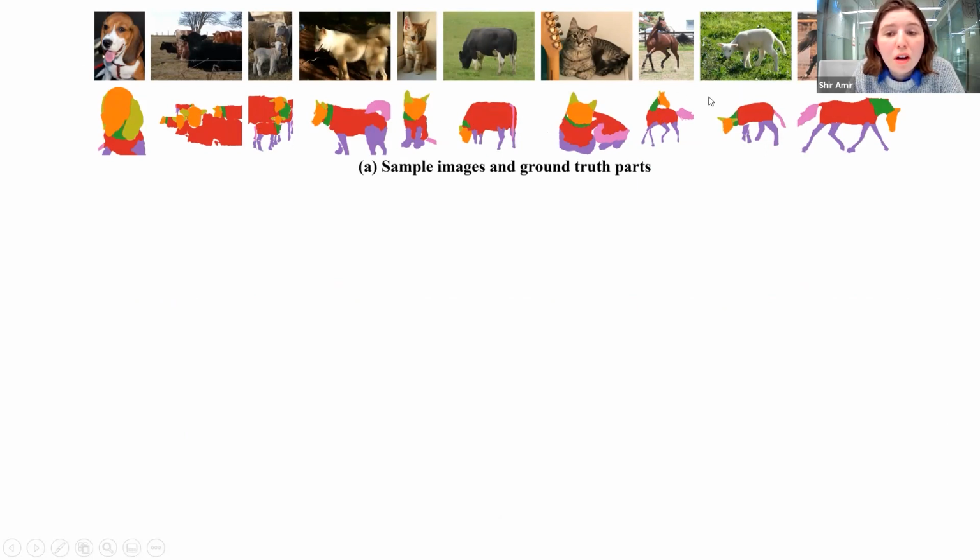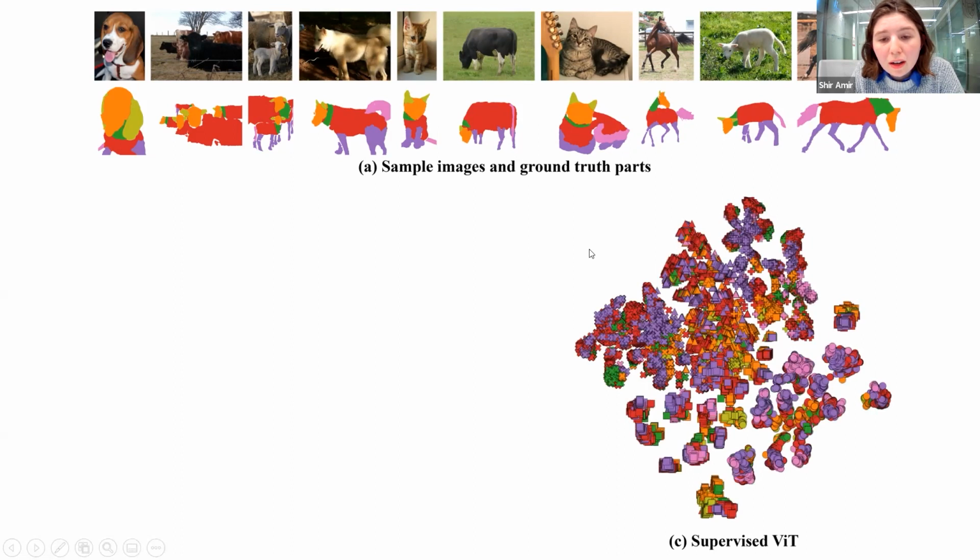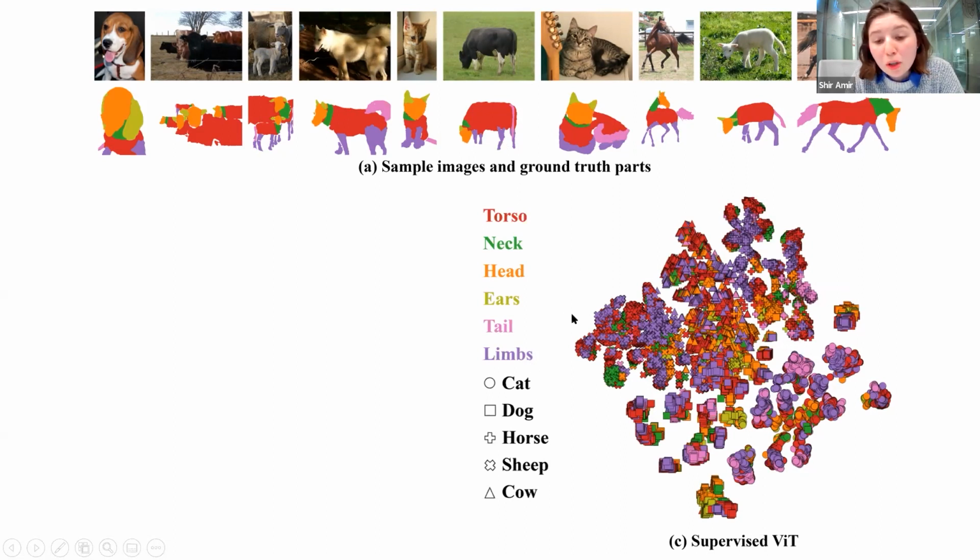So we have sheep, horses, cats, etc. First of all, we took the descriptors of all these images and applied t-SNE upon them. What you see over here, each point represents a descriptor from one of the images. The color of the point represents the ground truth part it belongs to, and the shape of the point represents the class it belongs to.